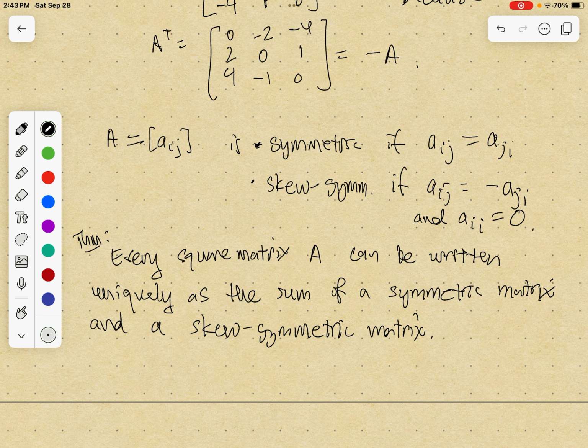And this is sometimes useful to know. It sometimes reduces certain proofs to the case of a symmetric matrix, if you can somehow show that the skew-symmetric part, so to speak, is not relevant.